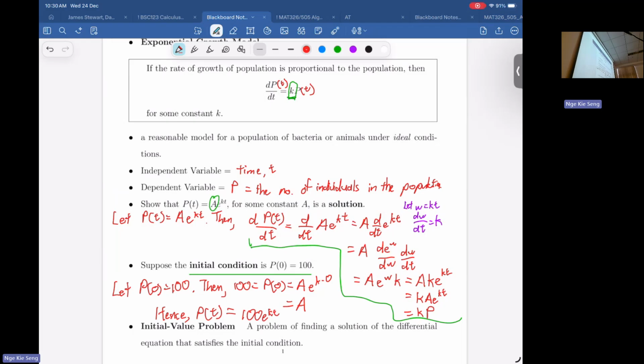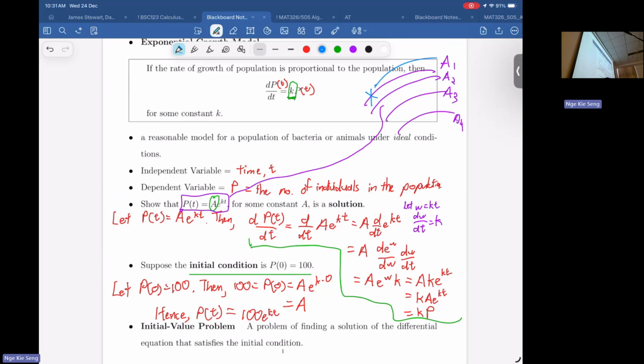How do you think about this idea here? When we show P(t) equals A e to the kt, really you can think of them as different functions with different A, so maybe A1, A2, A3, A4, like that. You can think of it as a different function or path. Once we set an initial condition, meaning you pick one of the curves, then this A will be determined.